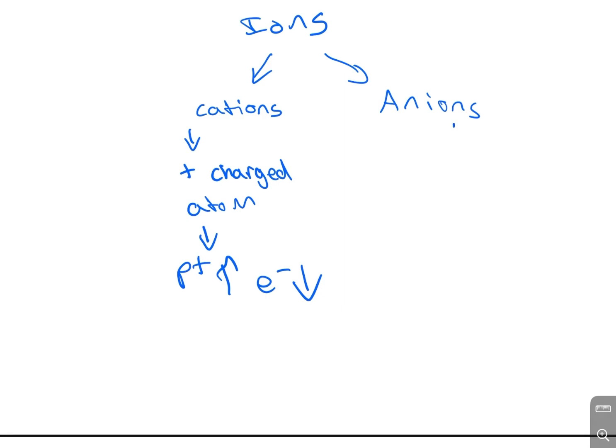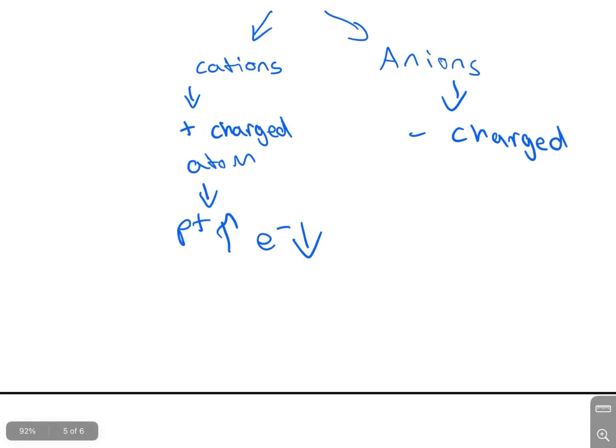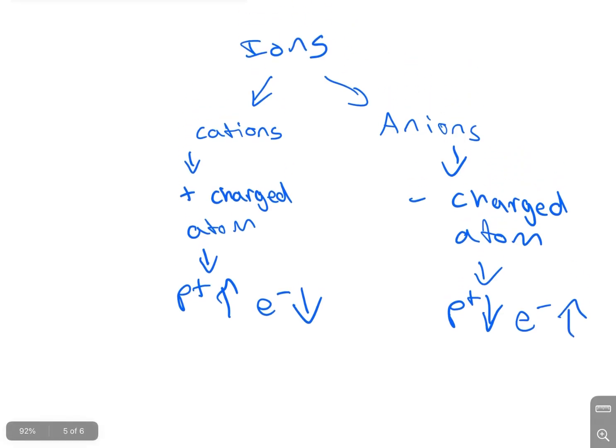And since you know this, you may already guess anions. They're negatively charged atoms. Since they're negatively charged, there are more electrons, so there are fewer protons, or positive, and more electrons, or negative.